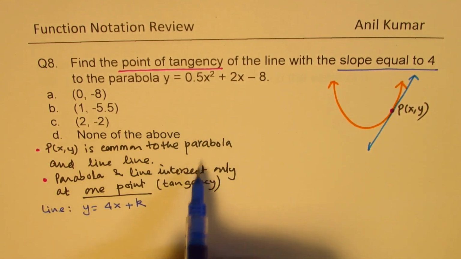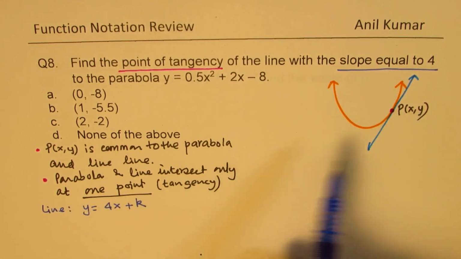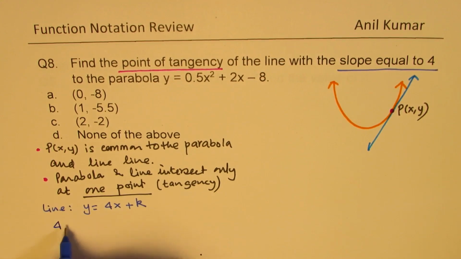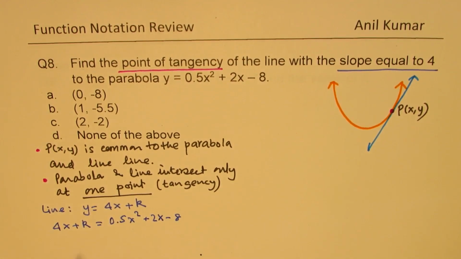Since it intersects at one point, at that point both y values will be the same. So we could say 4x plus k should be equal to 0.5x squared plus 2x minus 8. Now here we can solve this quadratic equation.